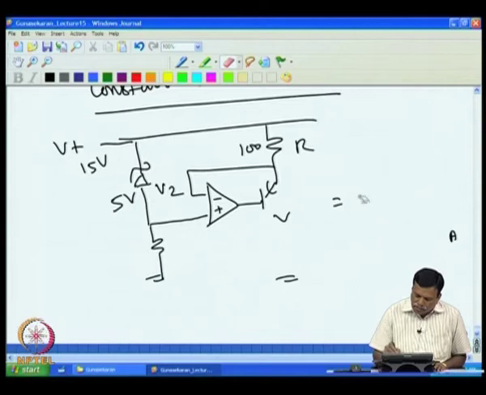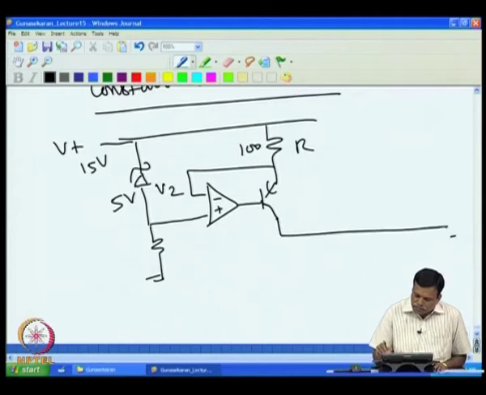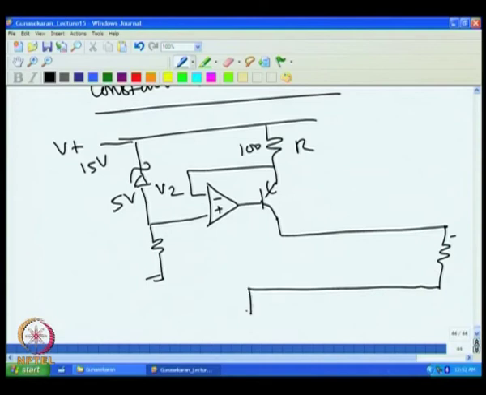Now, I transmit this for a long distance, then I have a load here, and then bring back to the ground. Now, this current will vary if I vary this resistance.